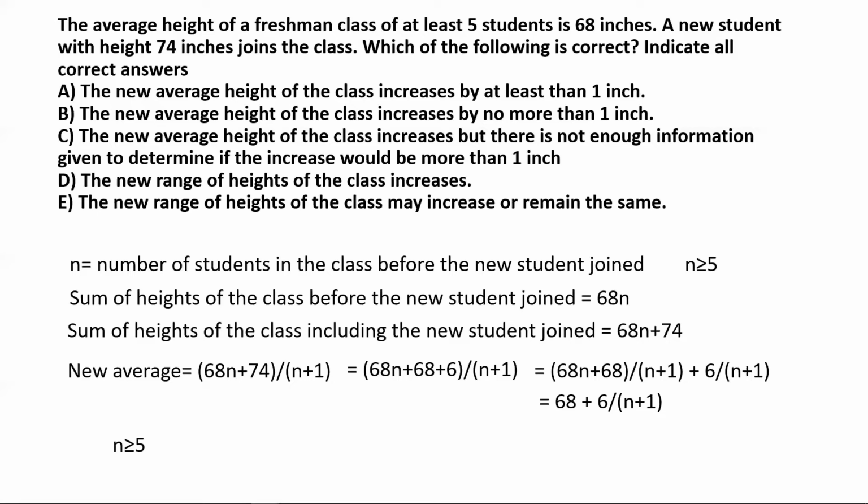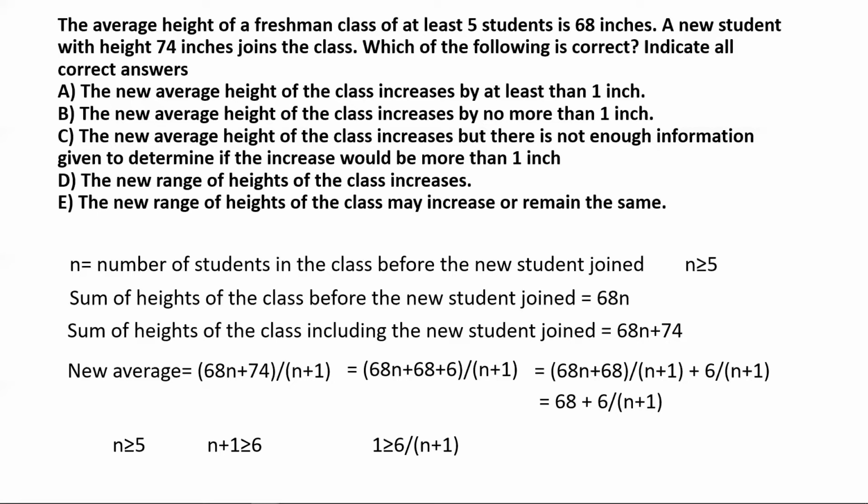If we add 1 to both sides of this inequality, the inequality is still preserved, and then we just change sides, and remember, these are all positive quantities. So when we change sides, this becomes 1 ≥ 6 divided by (n + 1), right?